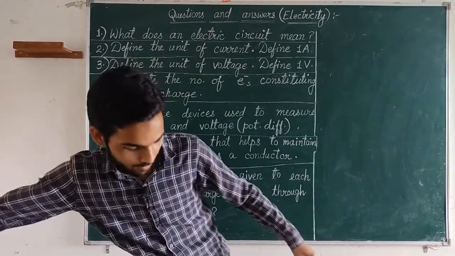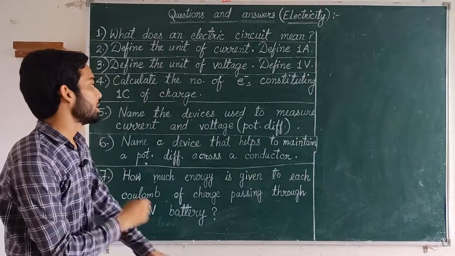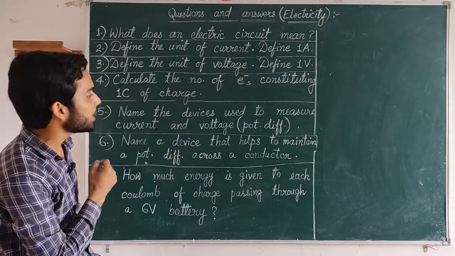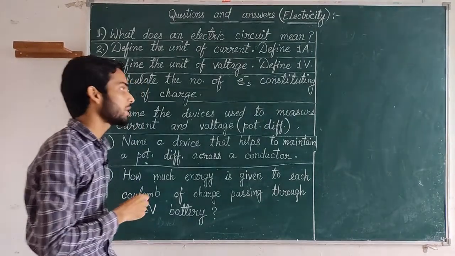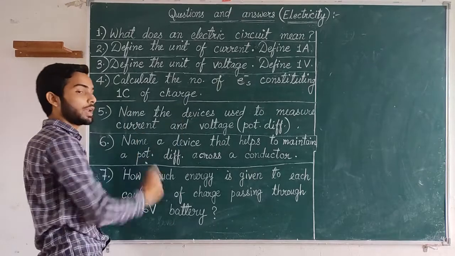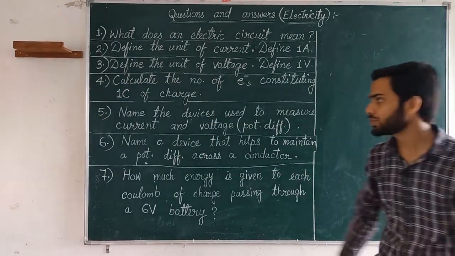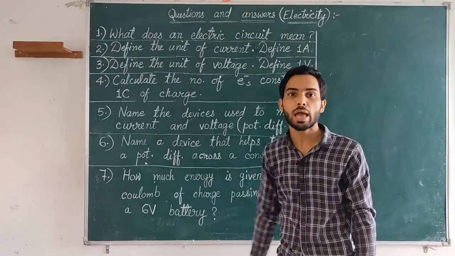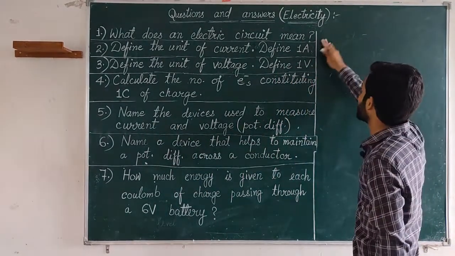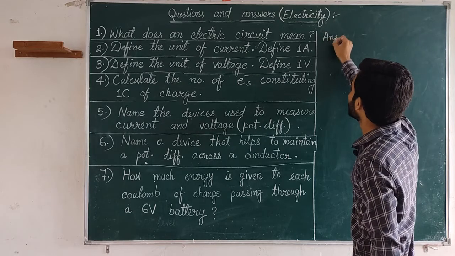Question number 5 is, name the devices used to measure current and voltage. Name the devices used to measure current. My dear students, the device which is used to measure current is known as ammeter. Answer 5.